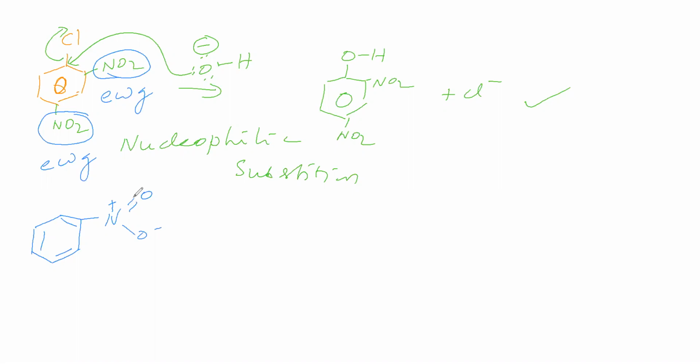Next, this double bond is a multiple bond. This double bond and this double bond are separated by a single bond, so they are in conjugation. Due to conjugation, resonance is possible. The pi bond shifts towards this oxygen because it has high electronegativity.